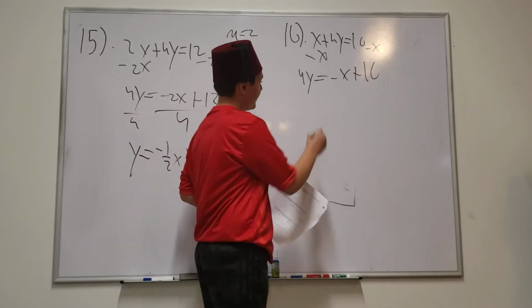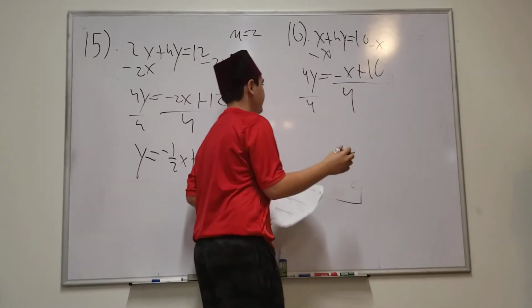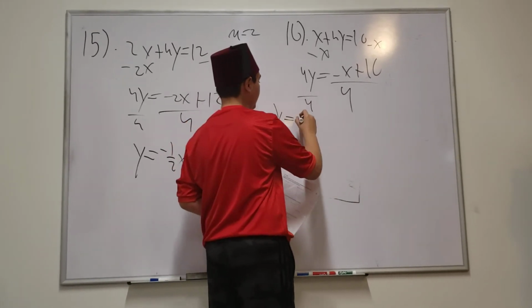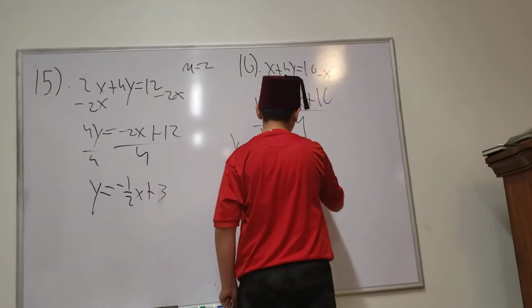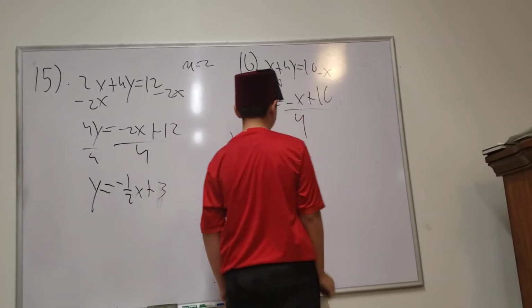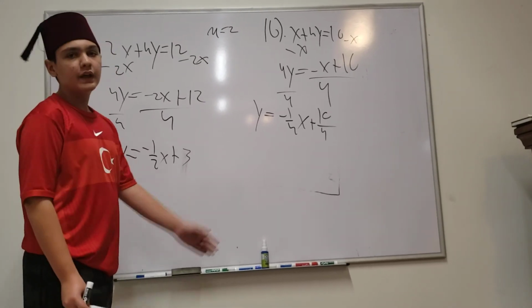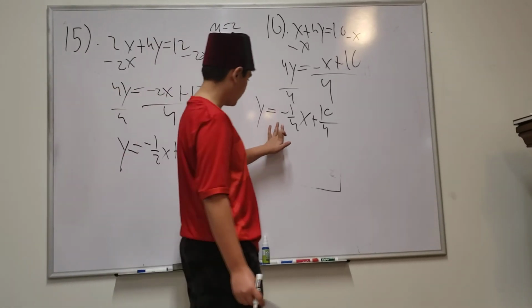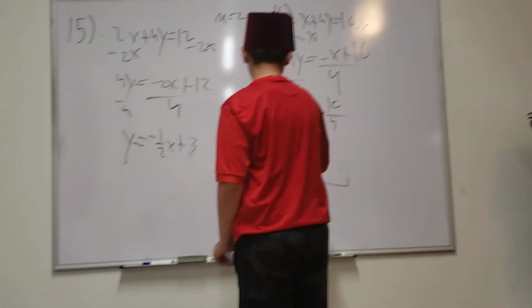Okay, so we're going to divide both sides by 4. So that gives us y equals negative 1/4 x plus 10 over 4. So again, the opposite reciprocal would be 4, since 4 times negative 1/4 is negative 1, so m is equal to 4.